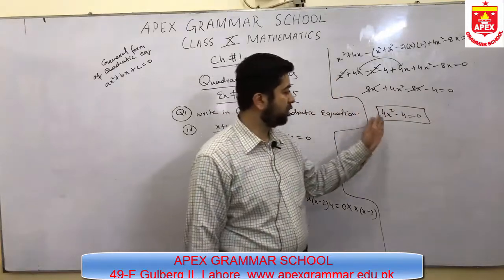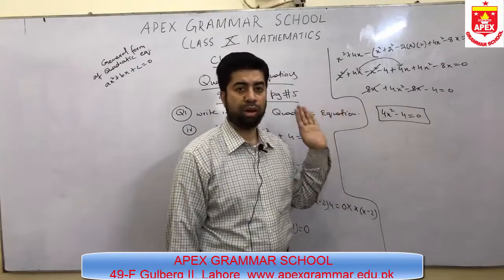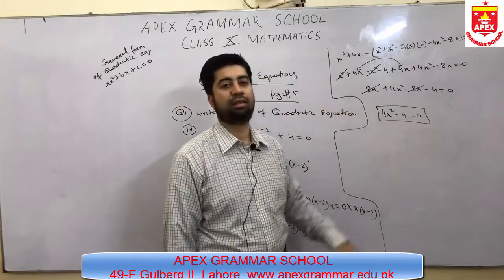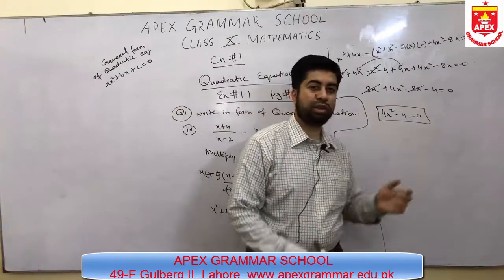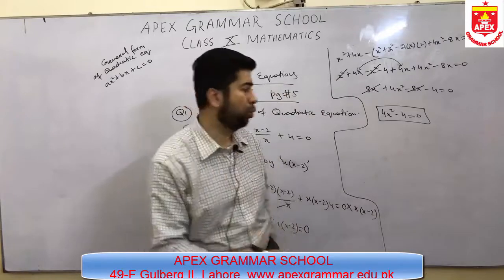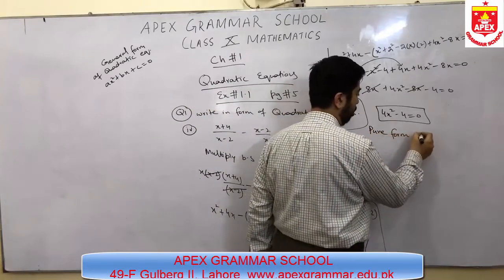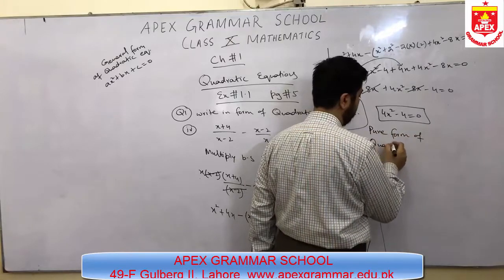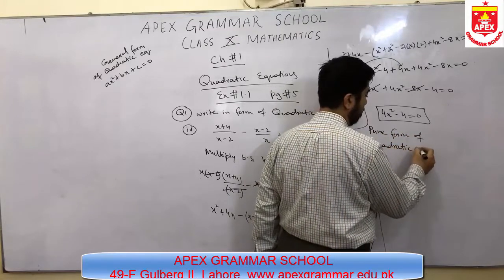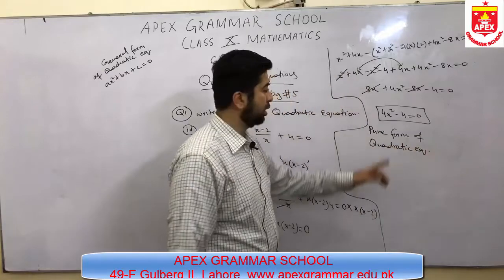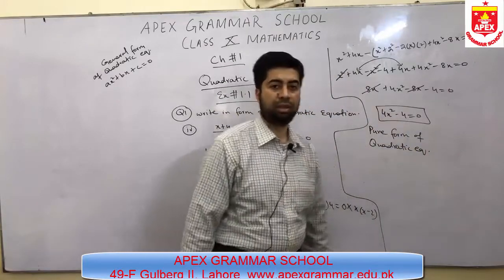Do you know which type of quadratic equation this is? Yes, you are right. This equation is the pure form of quadratic equation. It is a pure form because the x raised to power 1 part is missing.